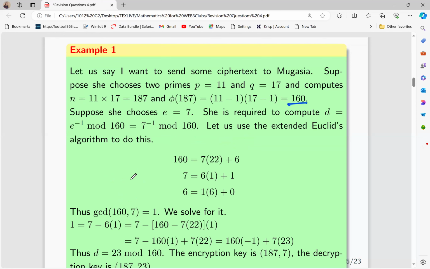She'll use this inverse to decrypt the ciphertext. Because if you are to send her a message, you are sending her a ciphertext. Is that okay? That ciphertext, for her to get the original message out of it, she has to decrypt. She is using D.